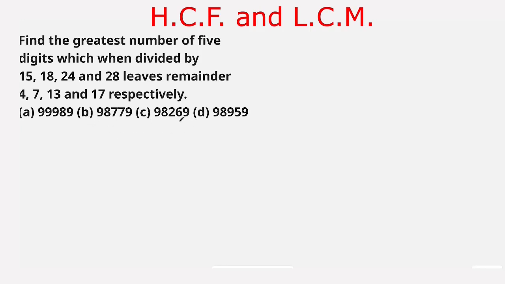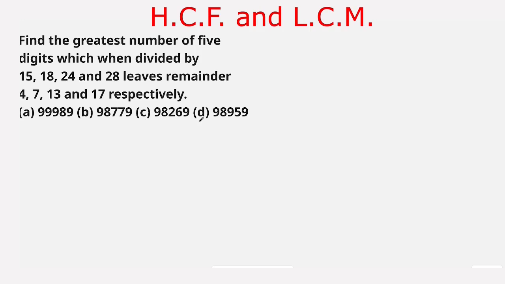In option C, if we add 11 to 69, it will become 80. 80 is divisible by 4. Now we will find the divisibility by 3. So 9 plus 8 is 17, plus 2 is 19, plus 8 is 27. So option C might be our answer.